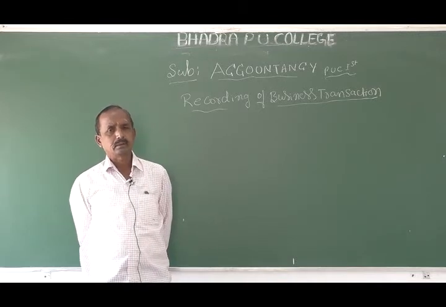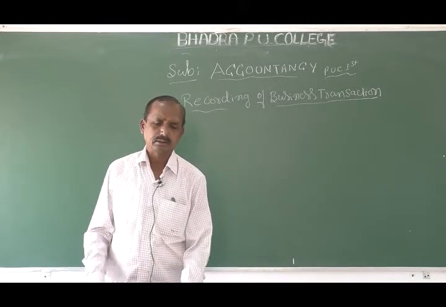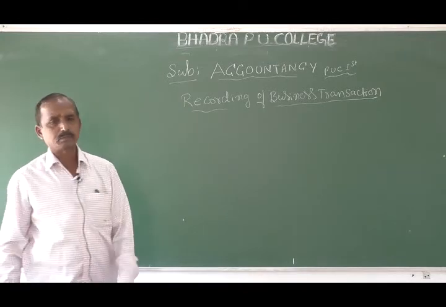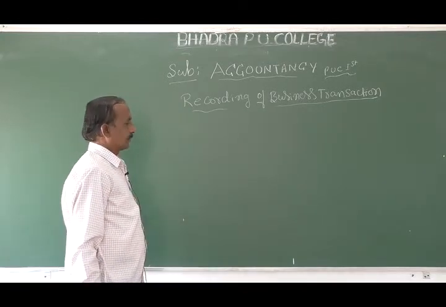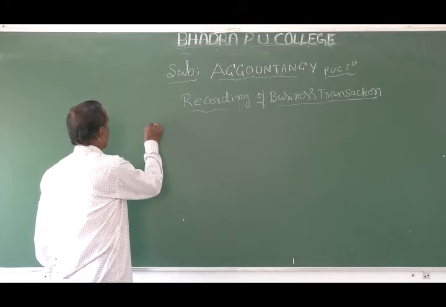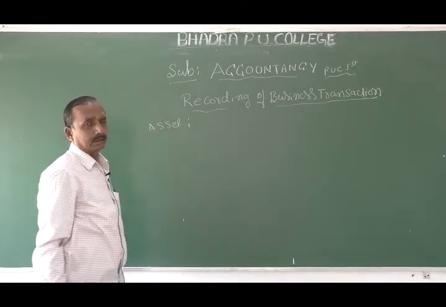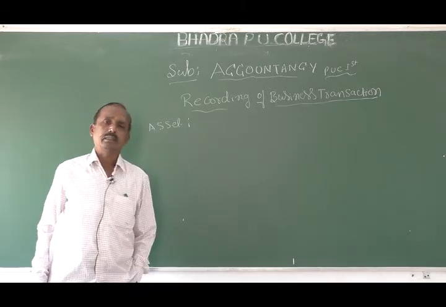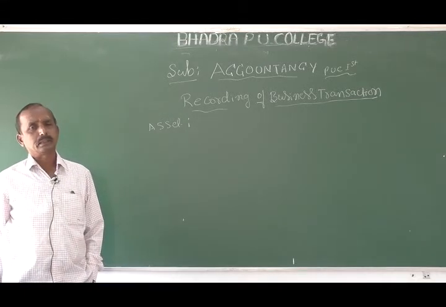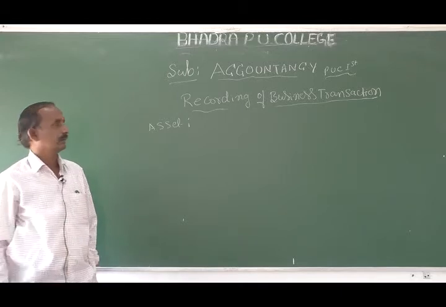These are the rules of debit and credit. According to the American system, the asset rule says debit increase in asset, credit decrease in asset.